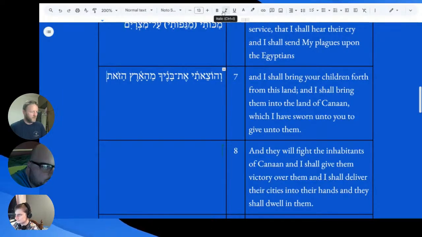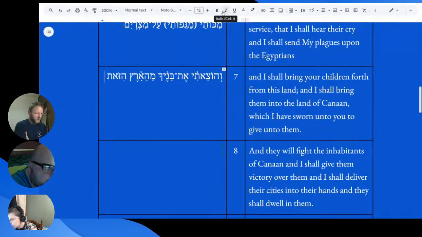Azot. Okay, and I will bring them unto the land. So this is bringing with causing them to enter. The root is bo, and the hifil is hevi. So we're going to do ha-vi-o-ti.